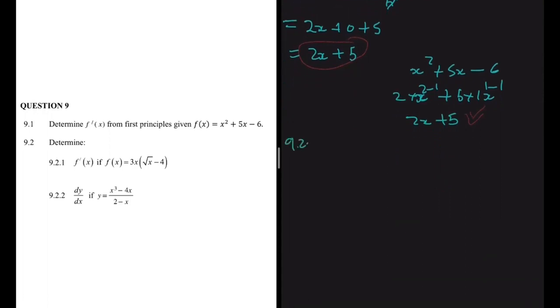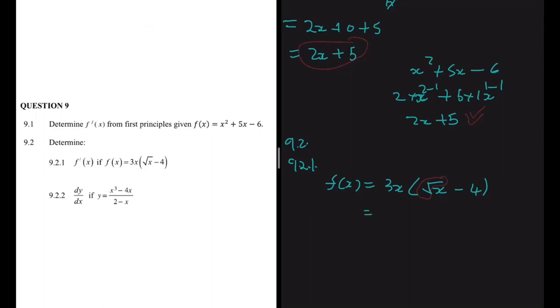So 9.2 here, let's determine f prime of x if f of x is equal to 3x multiplied by the square root of x minus 4. I don't know about you, but it's very hard to multiply with the square root, right? It's better if we just write it as x to the power 1 over 2.